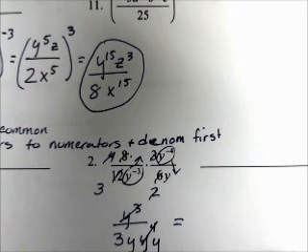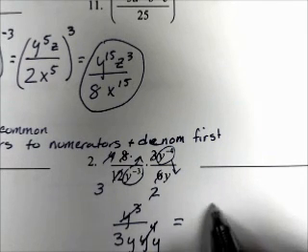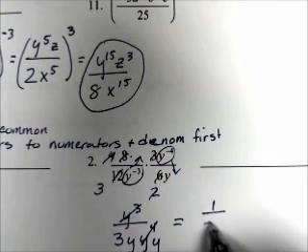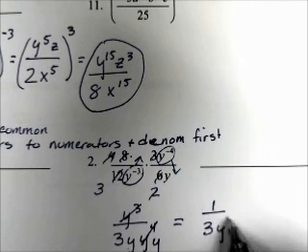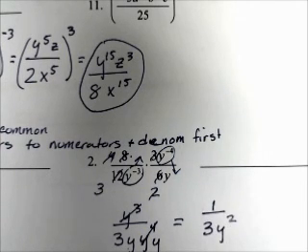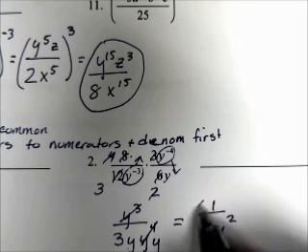So our answer is 1 over 3 y times y, which is y squared. So 1 over 3y squared.